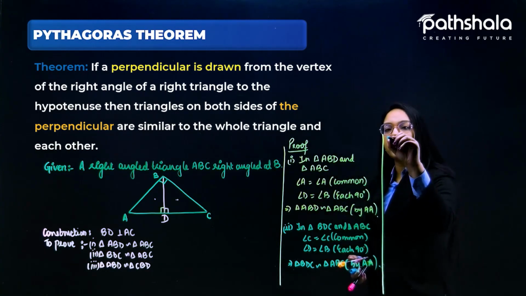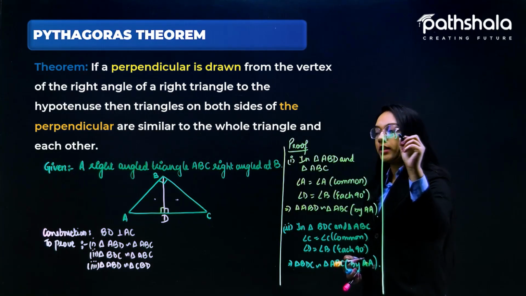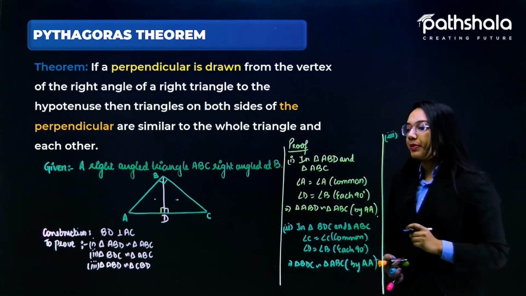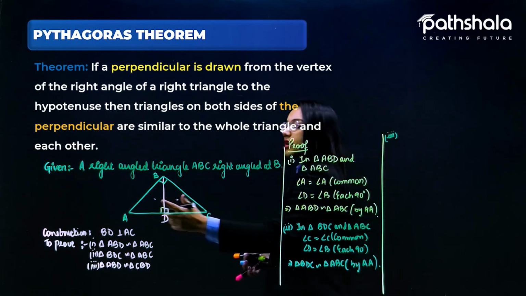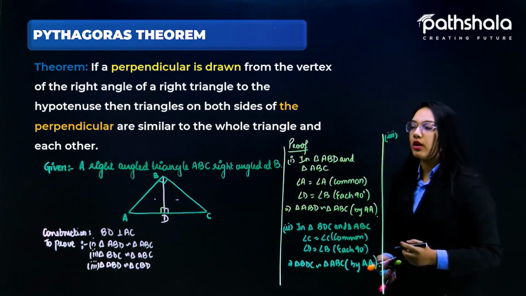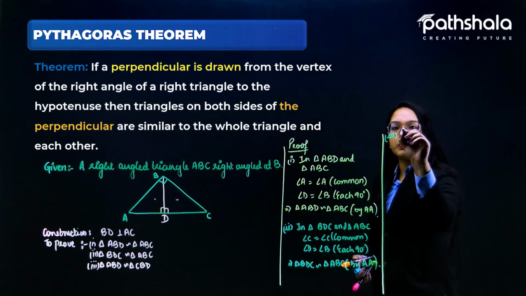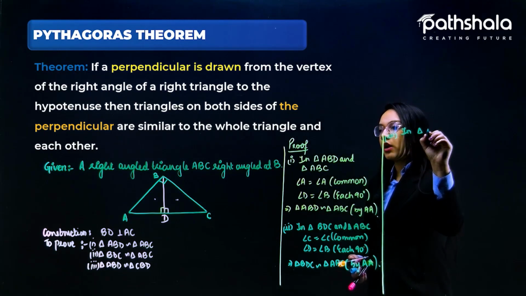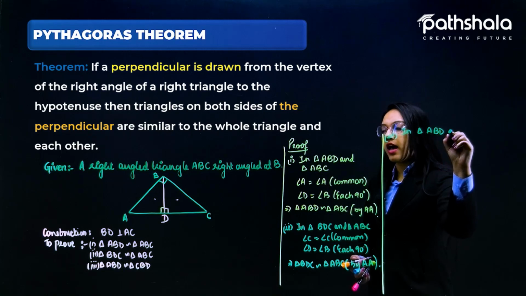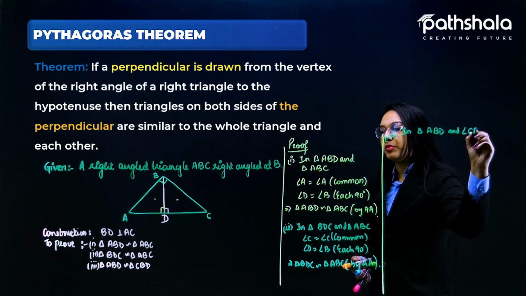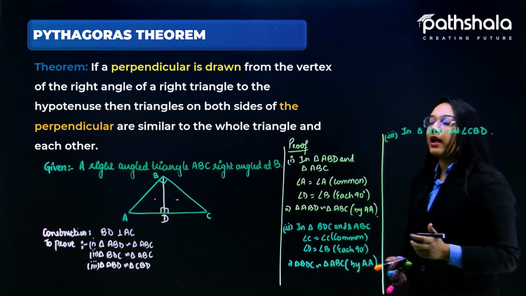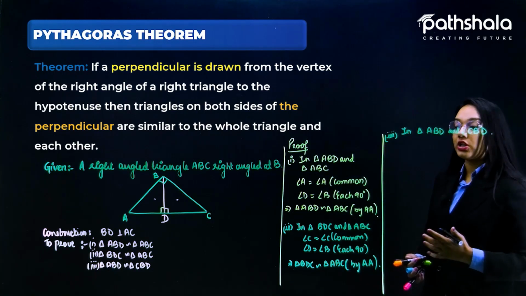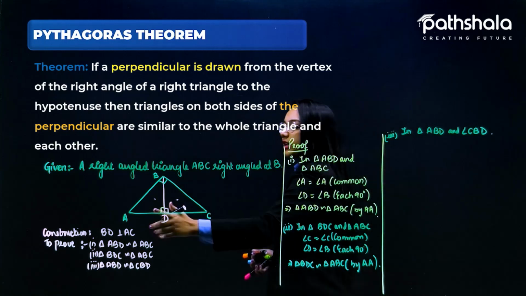Now let's just talk about the very third part. In the third part, we have to prove that ABD is similar to CBD, means these two triangles are similar to each other. So let's just start proving this part. So as you can see, in the triangle ABD and the triangle CBD, first of all we know that angle D is actually 90 degree.